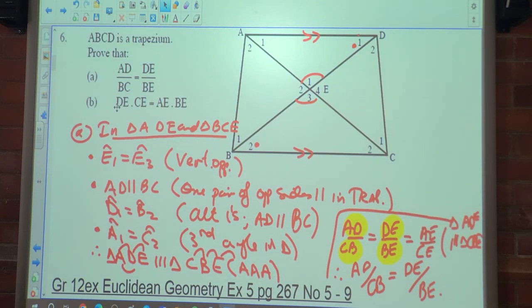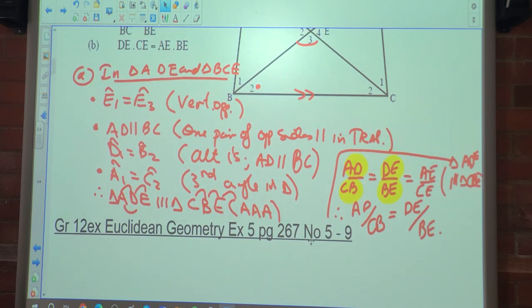Now in B they're asking you DE, which we are already working with, CE, AE, we are already working with that. So this is actually derived from this as well, not so?